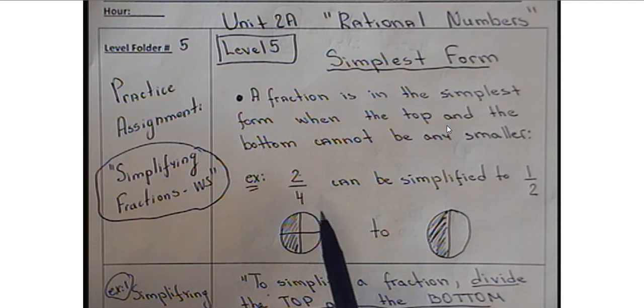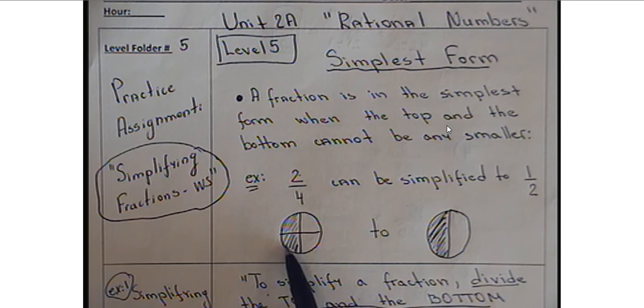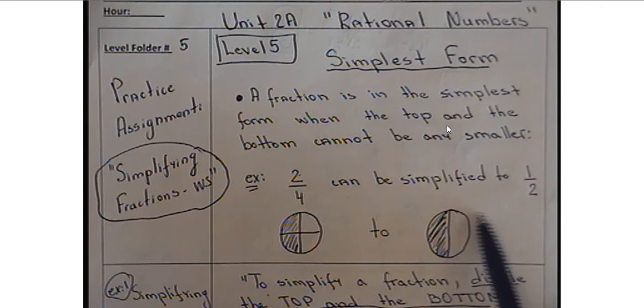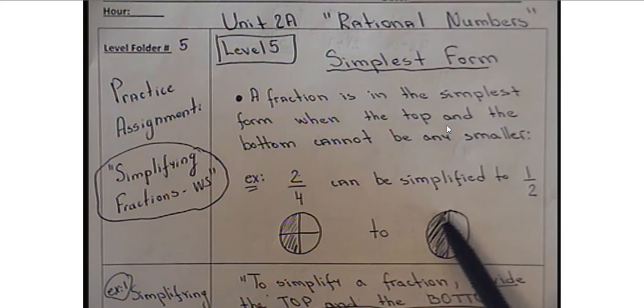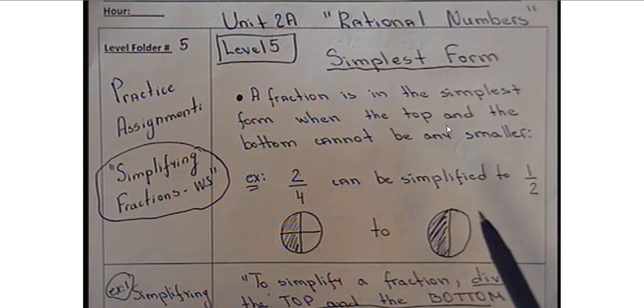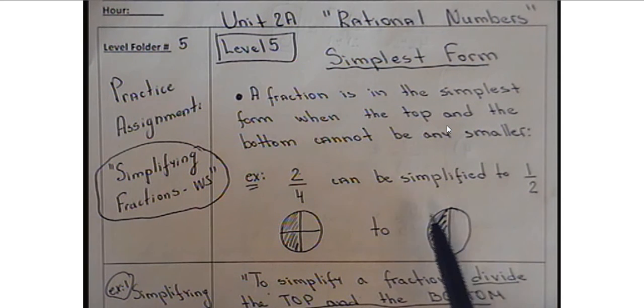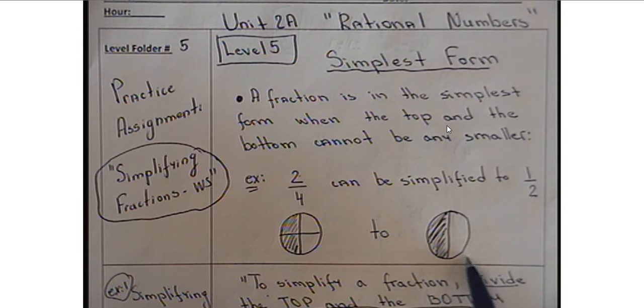With 2/4, we have one pizza cut into a total of 4 pieces, and 2 of them are already eaten, and we have 2 left. Those that are marked here are what we have left over. And if we have 1/2 of the pizza, we have the whole pizza in 2 pieces, and 1 piece is left over, the other one is gone.